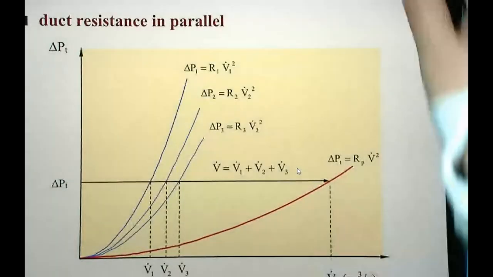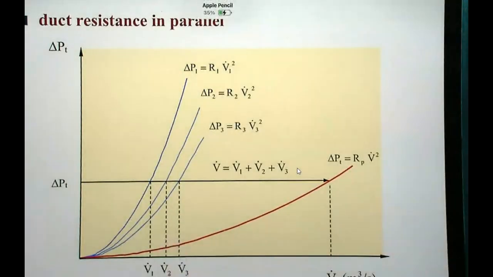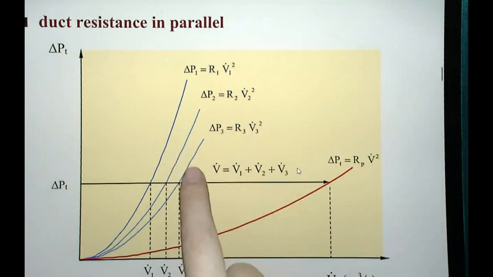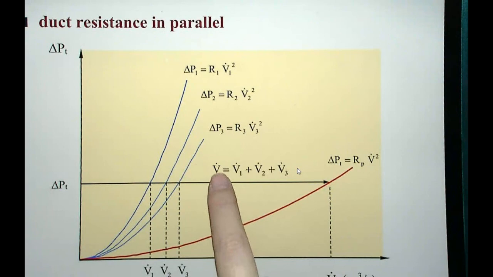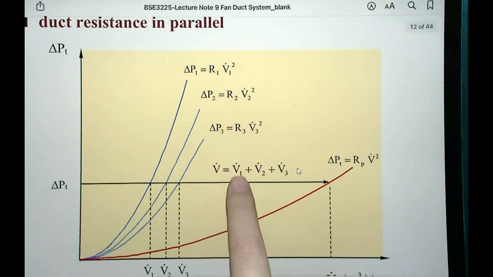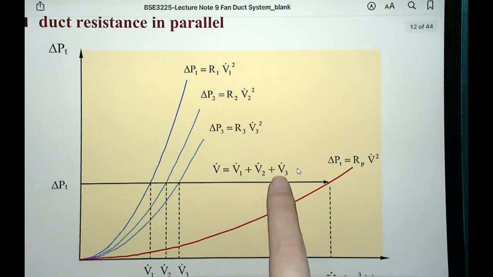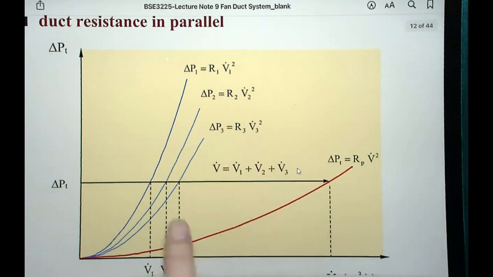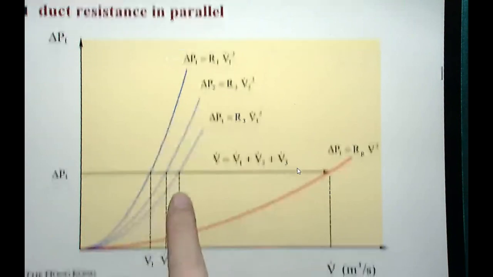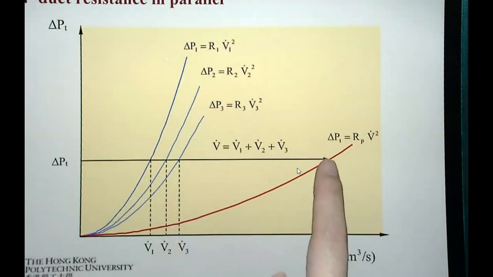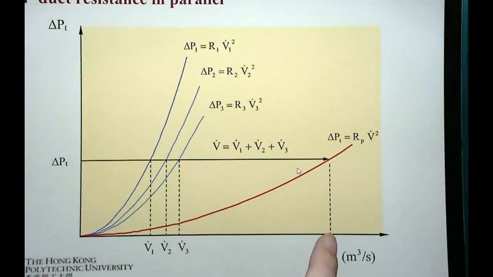So what we do now is, since the 3 duct sections are connected in parallel, the total V dot equals V dot 1 plus V dot 2 plus V dot 3. So on this constant pressure drop line, we find the corresponding flow rate value to be V dot 1 plus V dot 2 plus V dot 3.